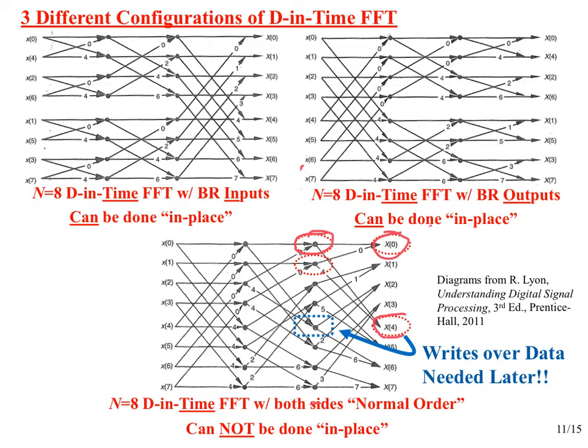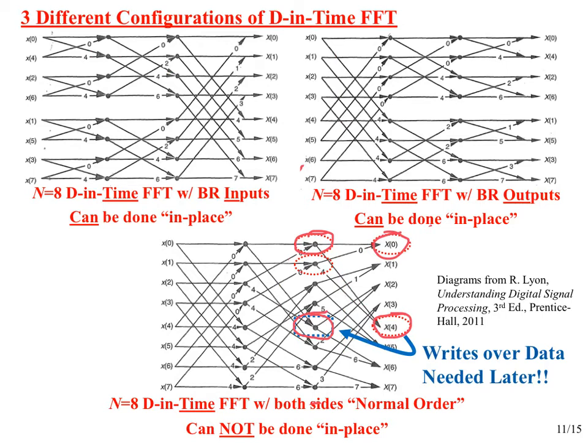This one, if we store it in place, we just wrote over something that we didn't use yet. And so you might say, well, all right, maybe that's the wrong order to do it. But you can actually figure out that no matter how you try to order that, you're going to end up writing over something that you haven't used yet. So we cannot have the normal input order, normal output order, and do it in place.